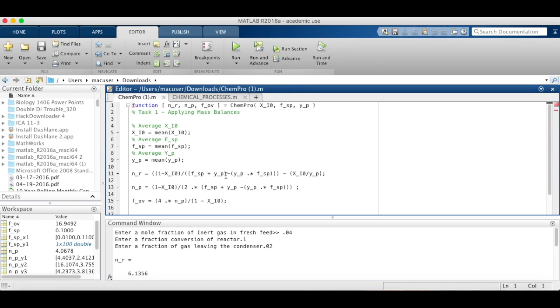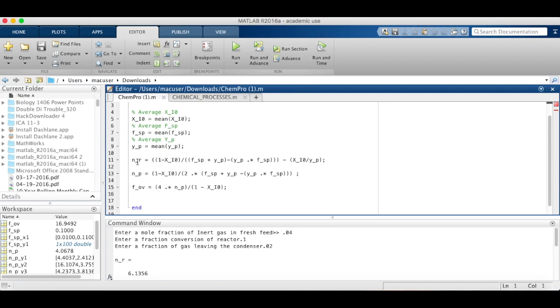that we put into our function, which is just NR is equal to 1 minus X initial naught over the FSP plus YP minus YP times FSP, minus all that from X initial naught divided by YP as well.